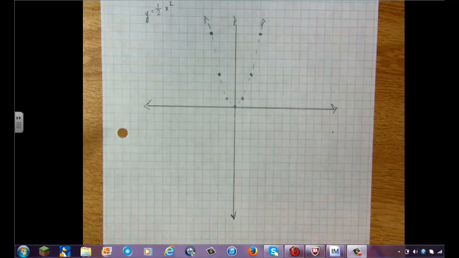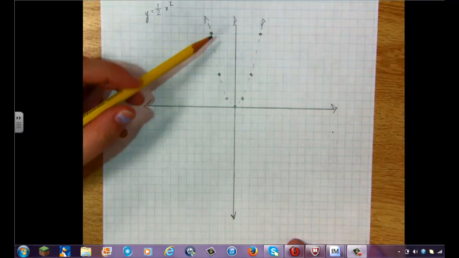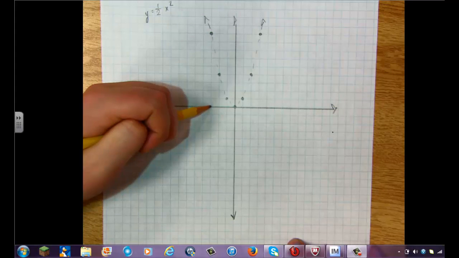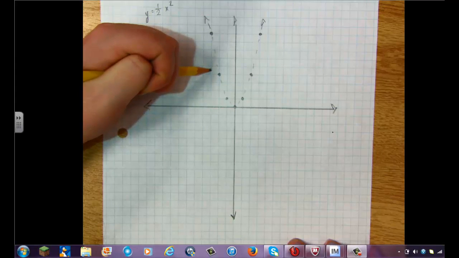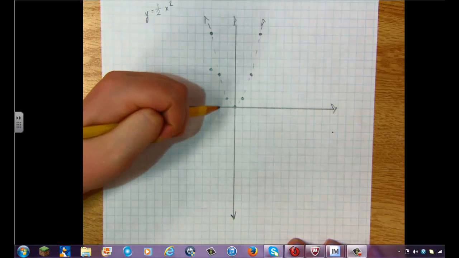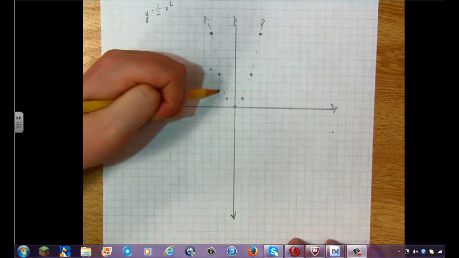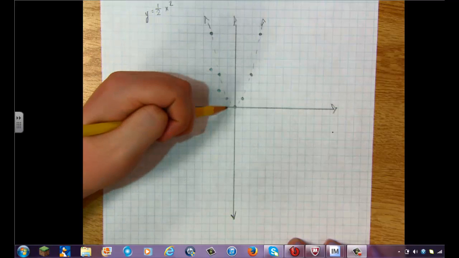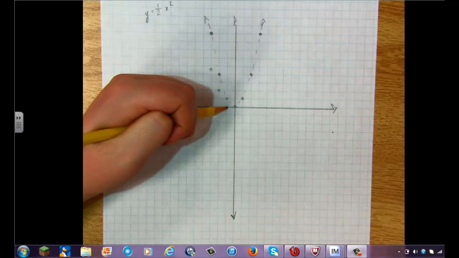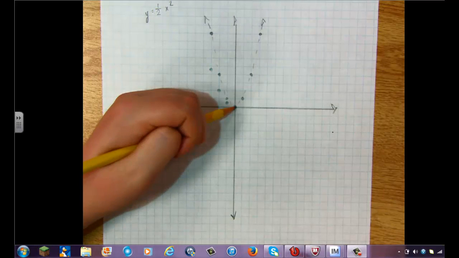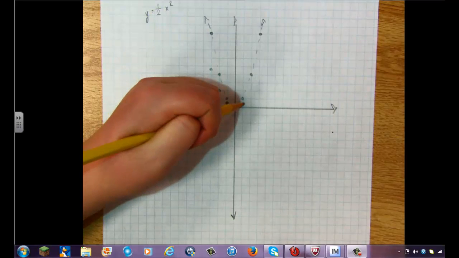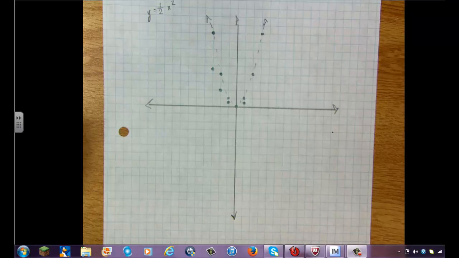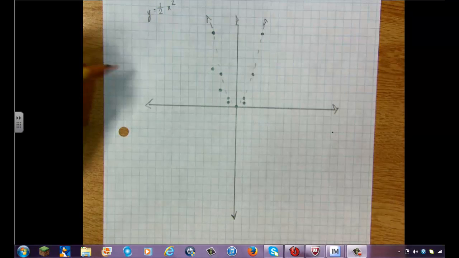And you just take every y value and times it by 1/2. So negative 3, 9 would be negative 3, 4.5. Negative 2, 4 would be negative 2, 2. Negative 1, 1 would be negative 1, 1/2. 0, 0 would stay 0, 0. 1, 1 would be 1, 1/2. 2, 4 would be 2, 2.